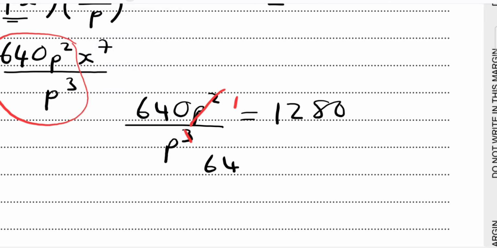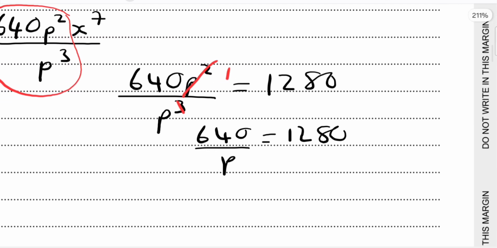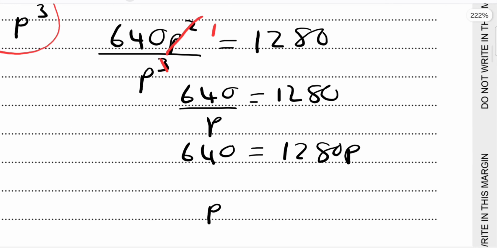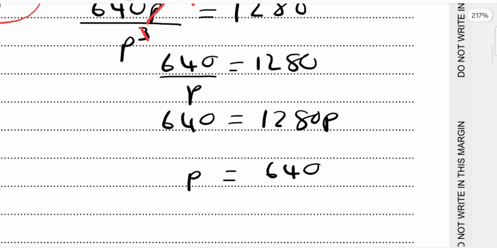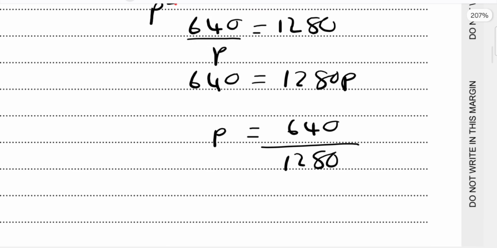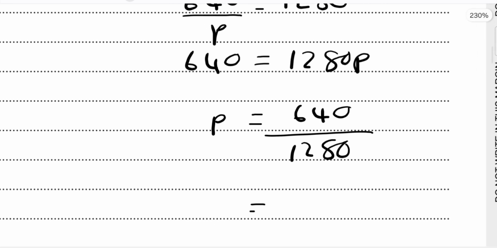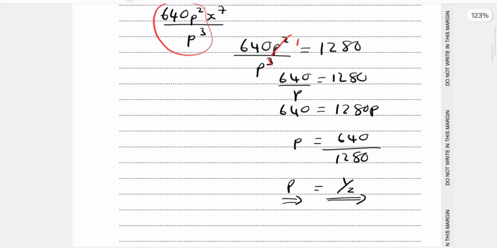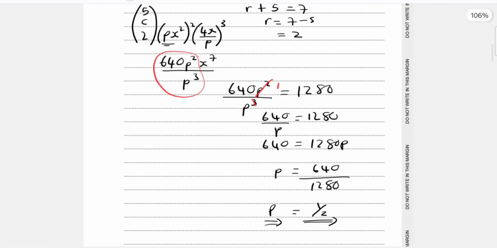So it will be 640 over p equals 1280. Cross multiplying, we get 640 equals 1280p, right? And our p will be 640 over 1280 if we divide by 1280 on both sides, and this will give us half, right? So our p is equal to 0.5 or 1/2, right?